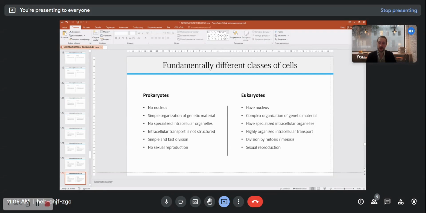So what do prokaryotes do? Two cells come together, they establish contact between each other, and then they share some portions of genetic material with each other, then they become separated and continue separate living. So they do not fuse completely, they do not create new cells due to this fusion.